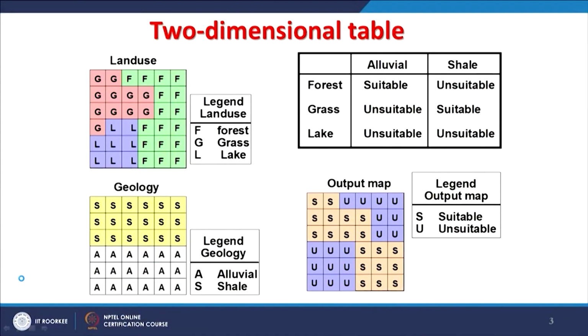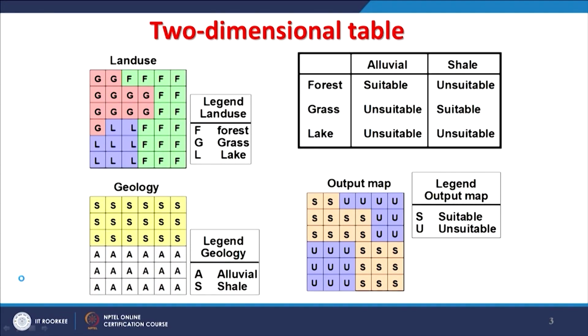Similarly, we can also think of a two-dimensional table, which is quite close to the cross table. These two-dimensional tables can also be used for change detection studies, and this is all based on overlaying operations.